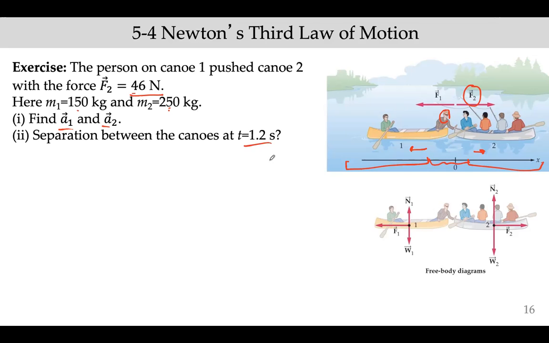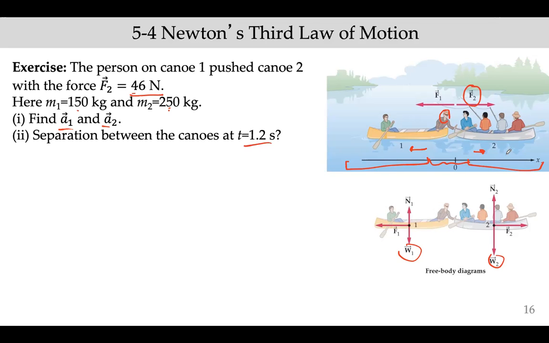Because we are dealing with forces, let's do the free body diagram for both canoes. Now each canoe has the weight and the normal force. Why is there a normal force? Well, it's because they are in water. Water is buoyant, so there's a buoyant force.